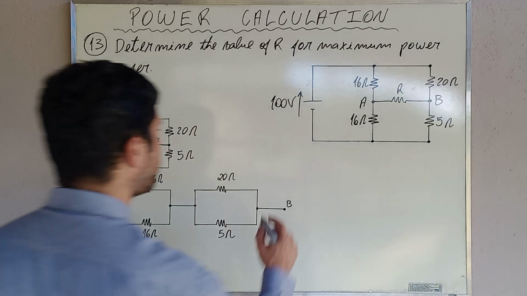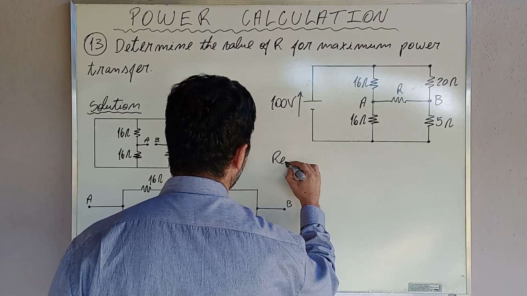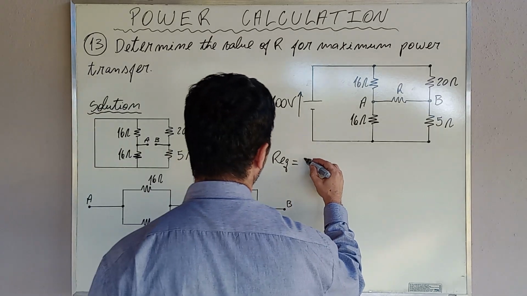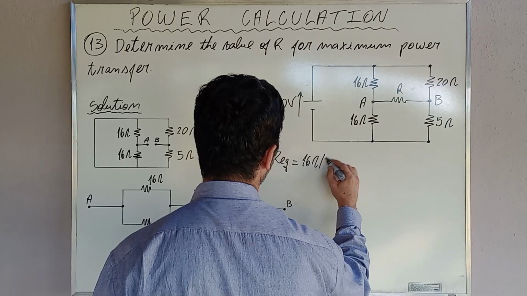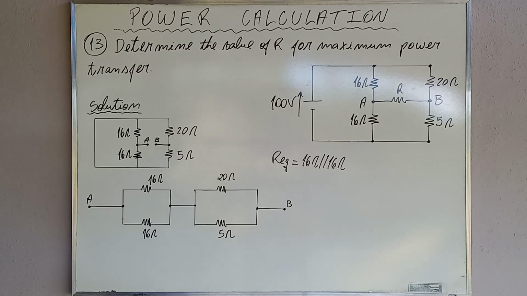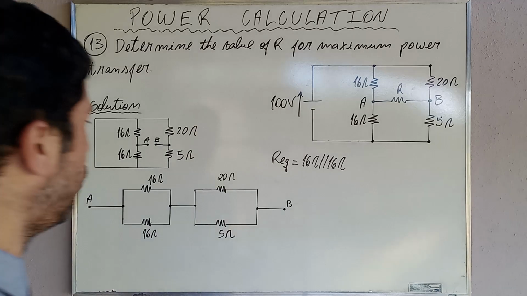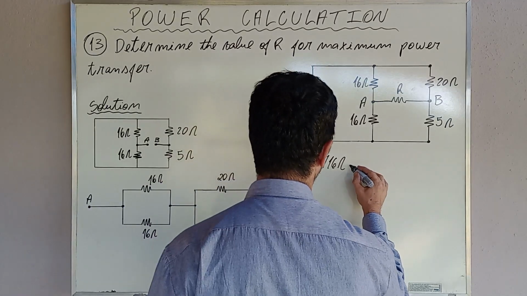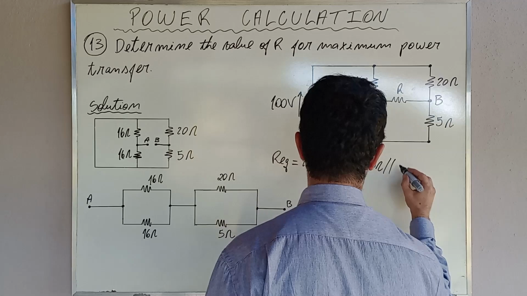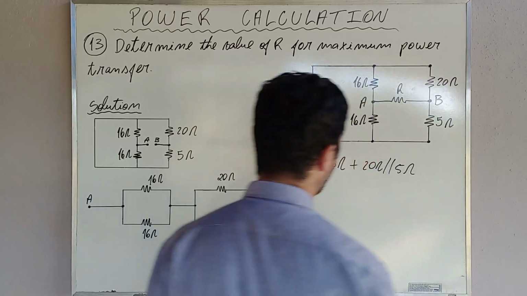Thus, the equivalent resistance is the parallel combination between two 16 ohms resistances and the parallel combination between a 20 ohms resistance and a 5 ohms resistance.